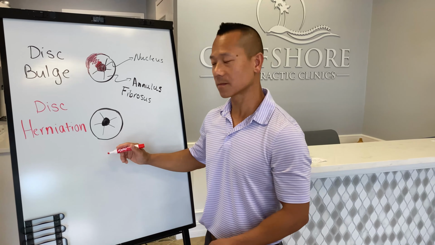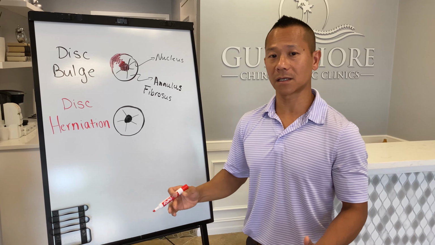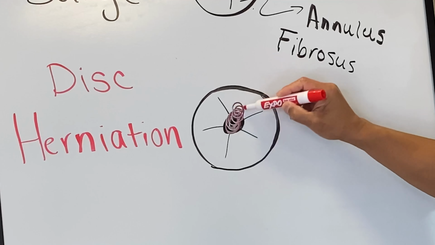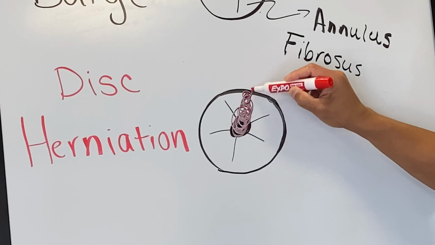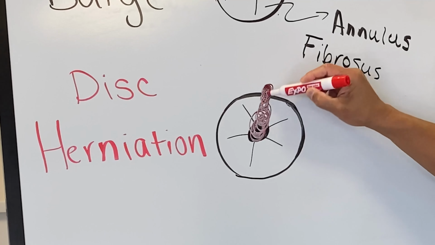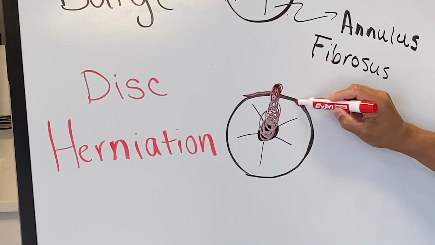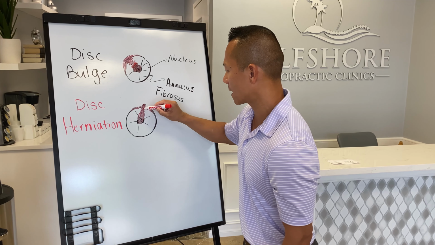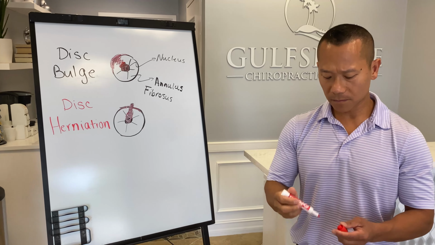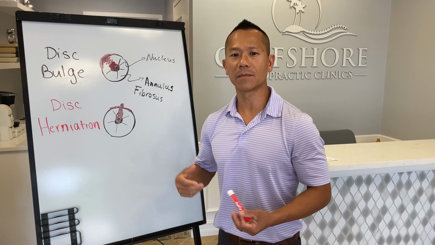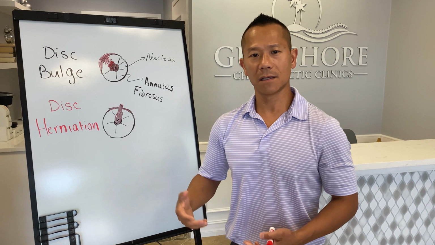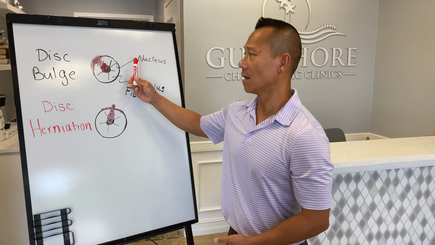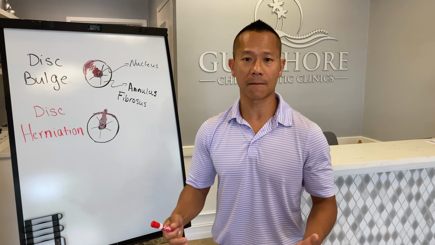Now a disc herniation is literally herniating, which means that the nucleus is under pressure, and it actually breaks through and comes out of the surrounding annulus, the surrounding disc material here. So that nucleus is now coming out, okay? On a symptomatic level, as we just discussed, not all patients with disc herniation have a lot of pain, and not all patients with disc bulges have minimal pain.